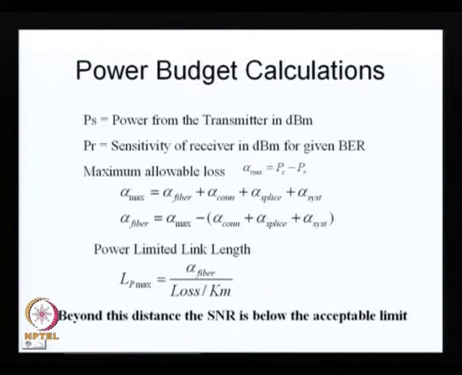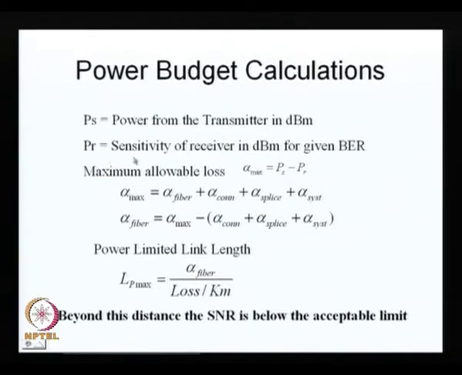And this calculation is what is called the power budget calculation. So, essentially we are accounting for the power losses at various levels in the communication link, and those losses must be less than the difference between the transmitted power and the receiver sensitivity.